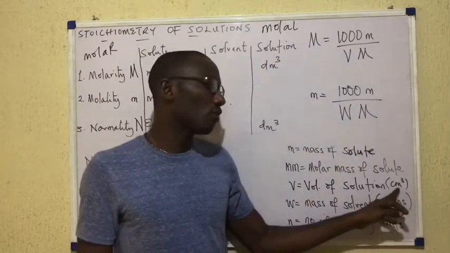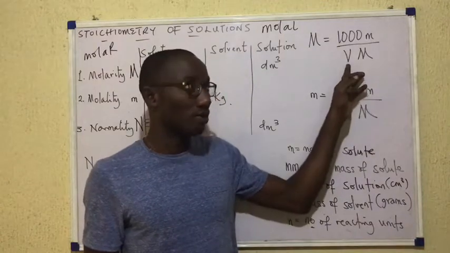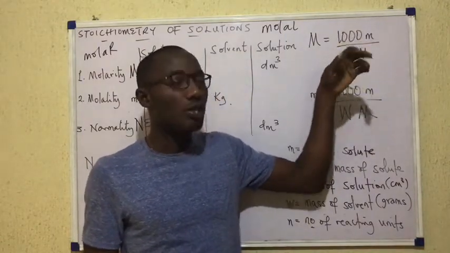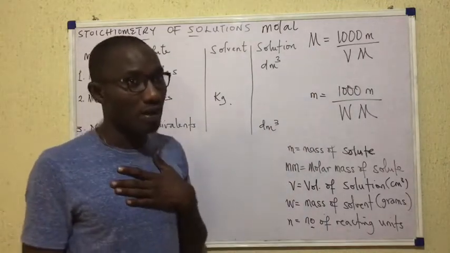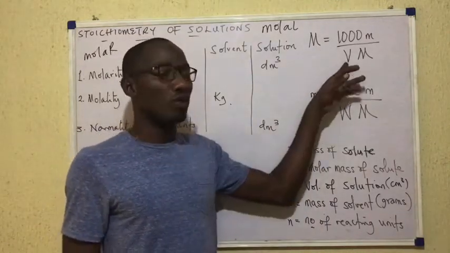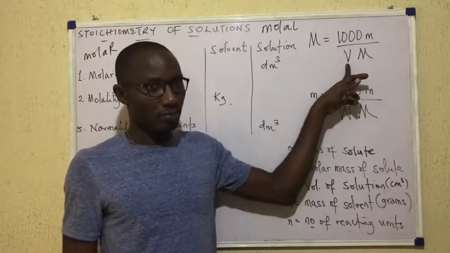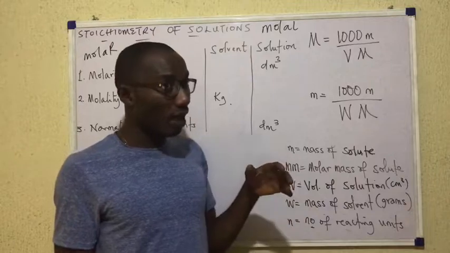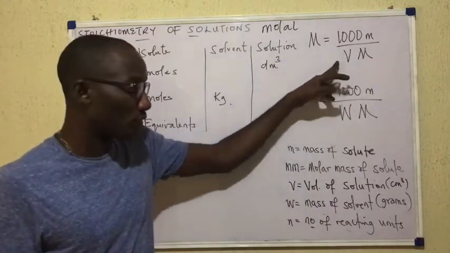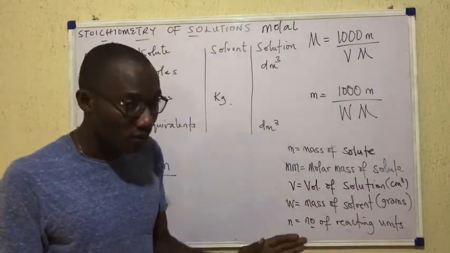It is because this volume of solution is in cm cube that I have the 1000 there to convert it to dm cube. That means if I'm given a molarity question and this volume is in dm cube, then I would not need the 1000 anymore. But for now, the 1000 is there because this volume is assumed to be in cm cube.